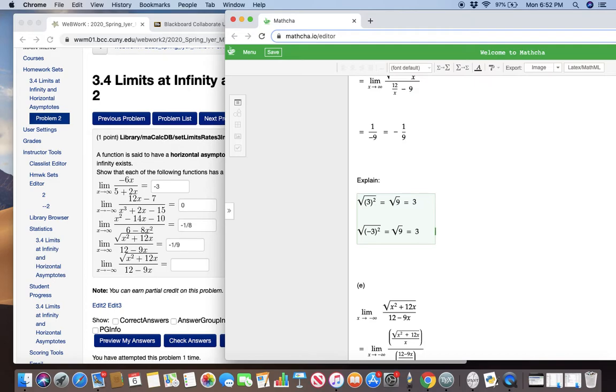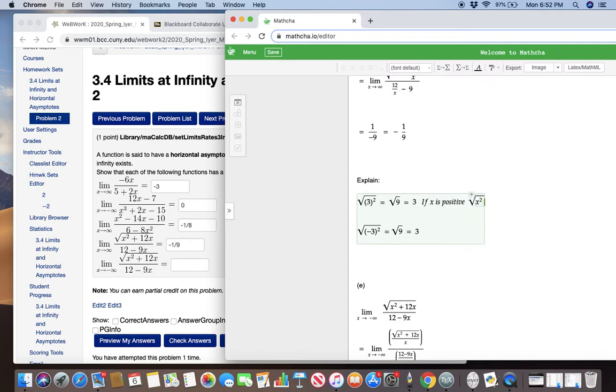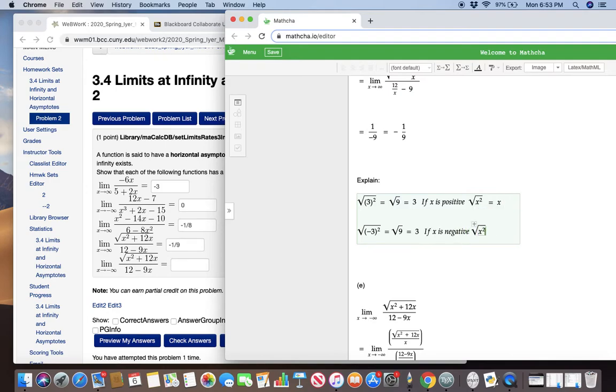You understand? This is why we say if x is positive, then the square root of x squared is x. If I put a positive number inside, I get the same positive number outside. On the other hand, if x is negative, then the square root of x to the power 2, I don't get the same number outside.